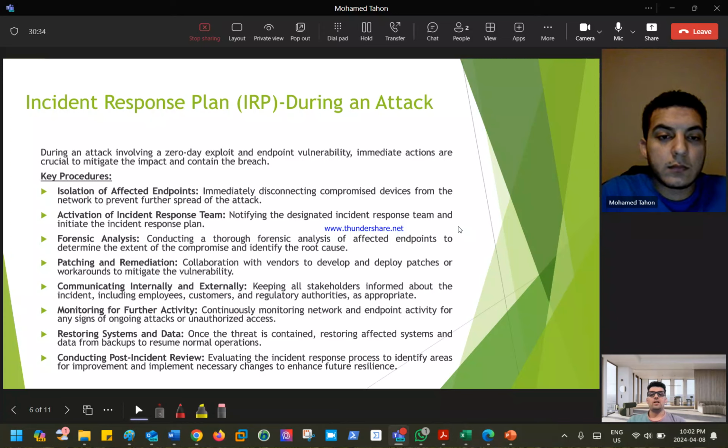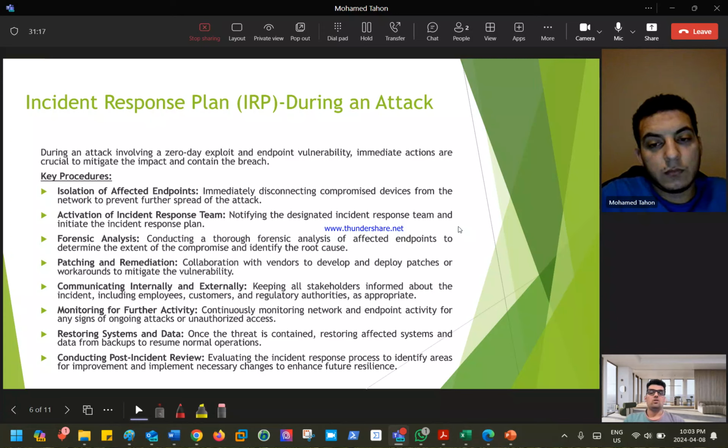Also, we have to do patching and remediation. With the help of vendors, we have to collaborate with them to develop patches for the vulnerabilities and fill the gaps so we can get rid of this kind of attack. Communication, internal and external, is also very important because we have to inform our vendors, stakeholders, employees, and other collaborative teams that we have this kind of threat in our system, so they can be aware and avoid being hit by this kind of attack.